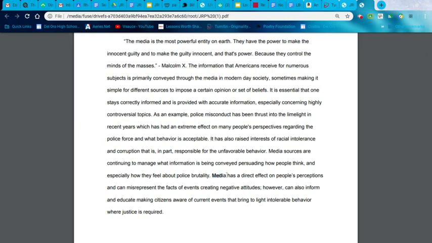Media has a direct effect on people's perceptions and can misinterpret the facts of events, creating negative attitudes. However, it can also inform and educate, making citizens aware of current events that bring to light intolerable behavior where justice is required. That's complex thinking right there, and that shows that the student had a lot of time to think about it. This is, by the way, about police misconduct.